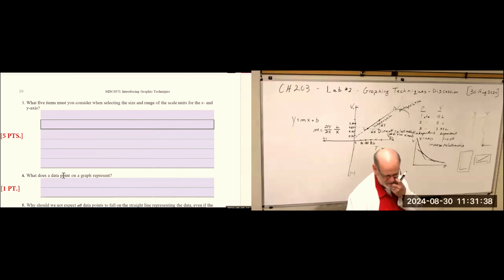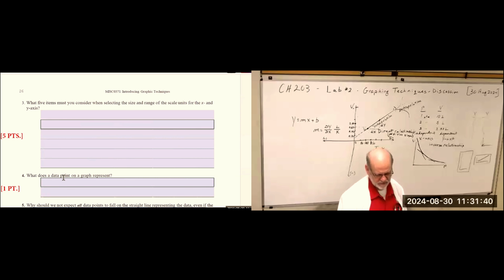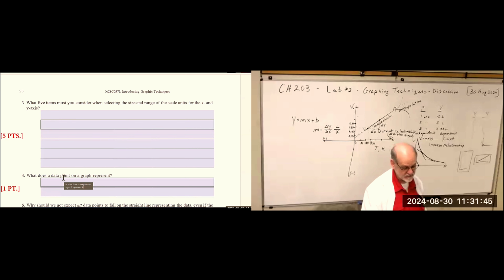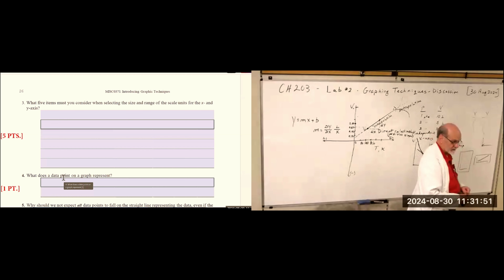Let's see. All right, what 5 items must you consider when selecting the size and range of scale units for the X and Y axis? Well, you've got to decide if it's portrait or landscape. Then you want to get all your numbers on the scale covering the maximum distance.